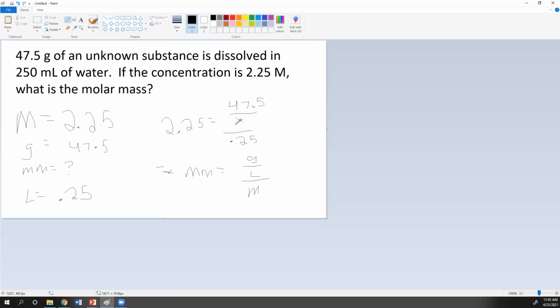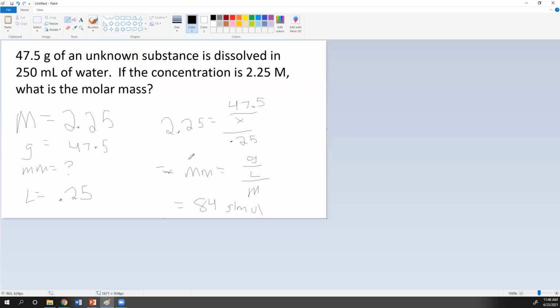So 47.5 divided by 0.25 divided by 2.25. You're close. Just 84, because you only have two significant figures. So 84 grams per mole.